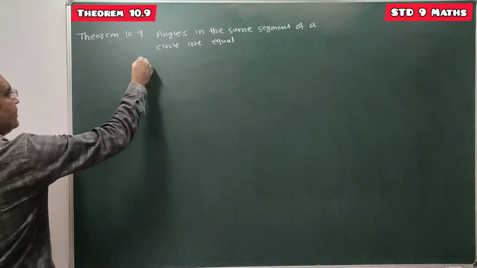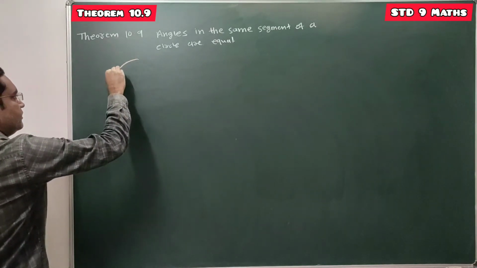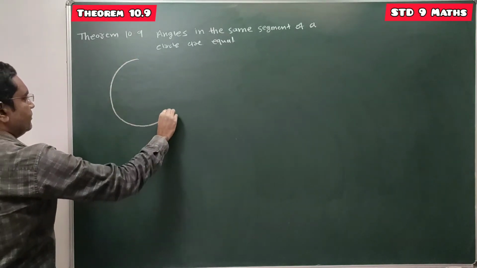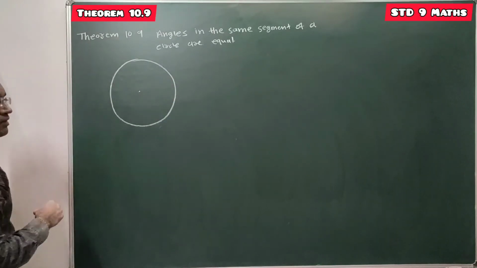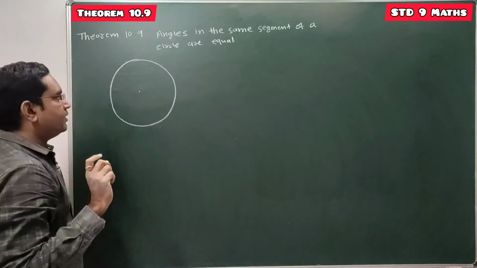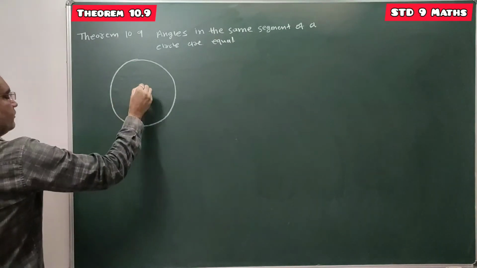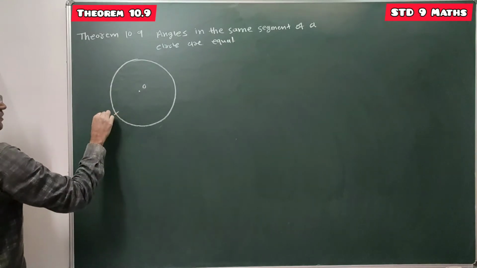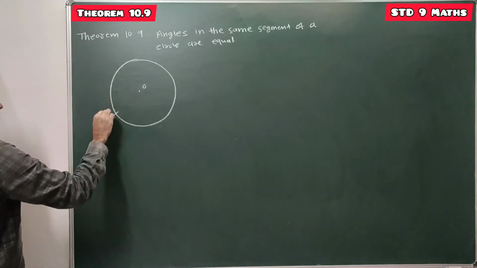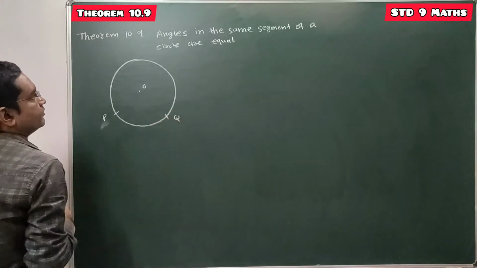So let's start with the diagram. The proof of this theorem is based on the proof of the previous theorem, that is theorem number 10.8. Here one circle with center O is given, and arc PQ is given.